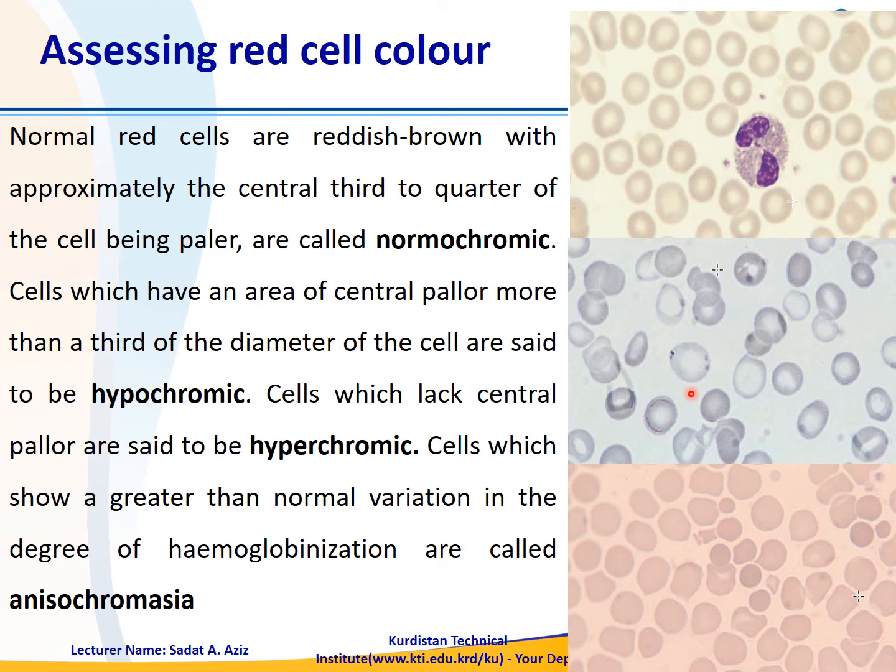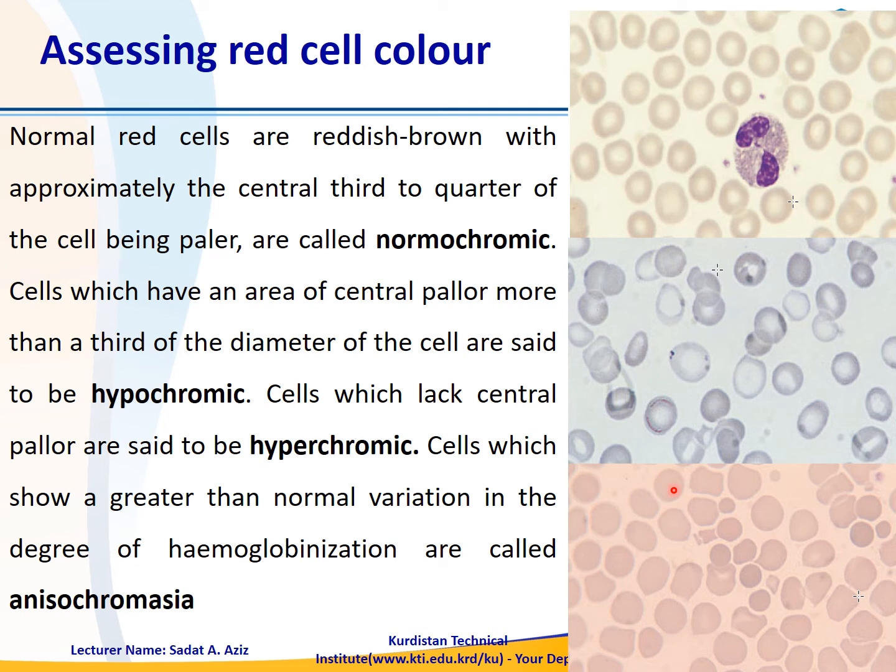Sometimes the cells might lack the central pallor, and when you find a cell without any pale center, it can be defined as hyperchromic.